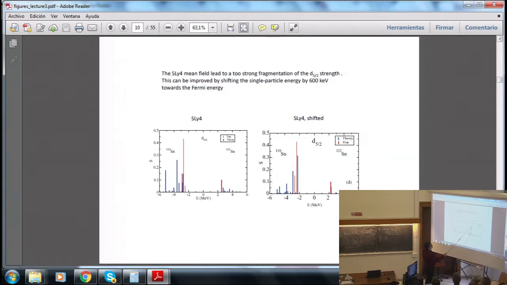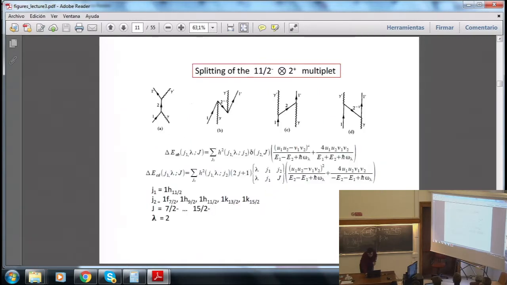Not exactly at the same energies, not exactly with the same amplitude, but with a very, very similar structure as the particle-vibration coupling calculation. So it's a nice example in which we see that particle-vibration coupling is acting in this superfluid nucleus. Well, let me go back and flash what happens with the multiplet. As I told you, the multiplet is a kind of special signal of the particle-vibration coupling.